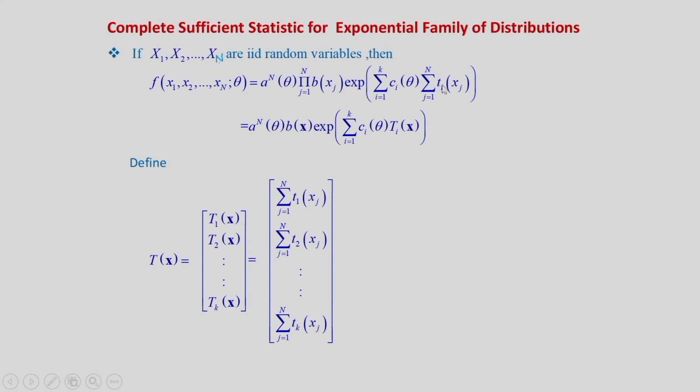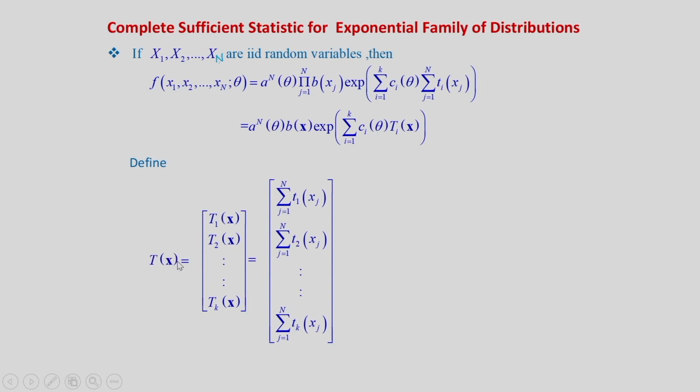So, this is a function of xj we are considering, because there are n terms, we will get an expression like this. Now, we can write this as a to the power n theta into b of x vector, because there is a product of xj terms. Similarly, this summation we can also write as a statistic Ti(x).